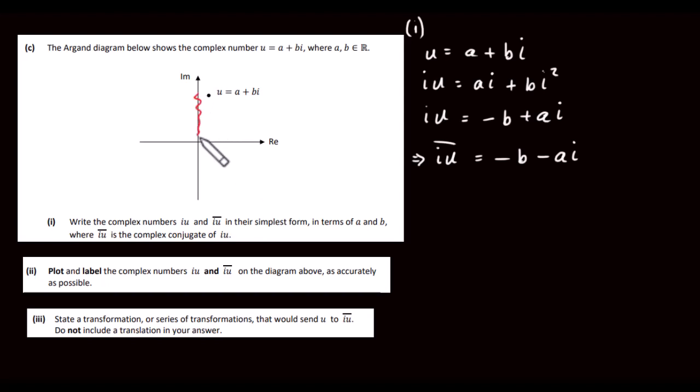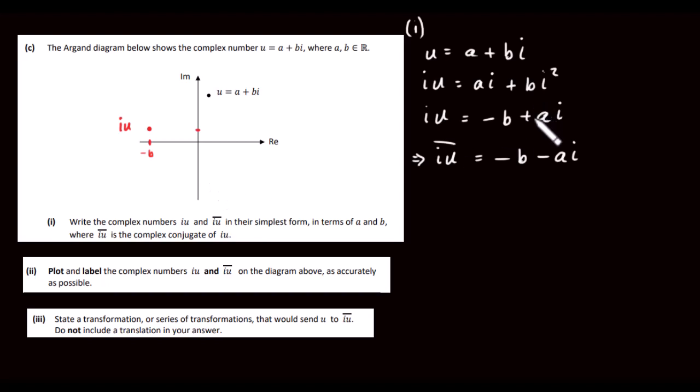So b is this distance here, so let's go out along this distance here. Because it's minus b, I'm going to say minus b is going to be around here somewhere. And then we want to go up a. Remember, a is only that little distance there, so that's going to be around here. So this is where my first point is going to be. This is iu.